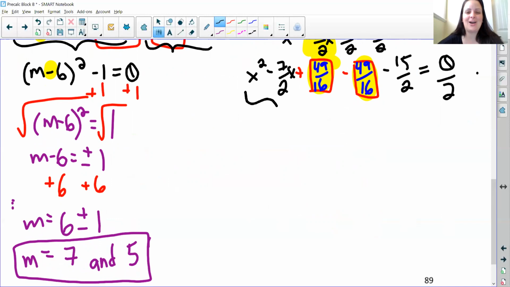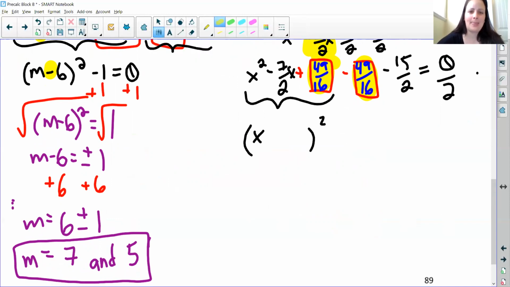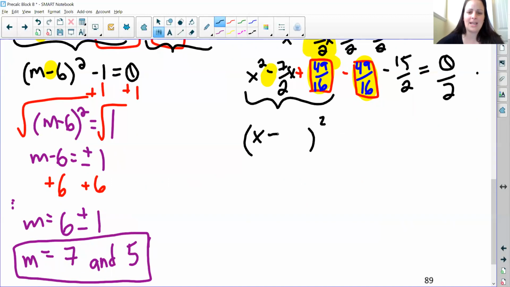Okay, so now we have to deal with the smart board that I'm working with, but also we have to recognize that that is actually a trinomial square, because x squared is a perfect square and 49 over 16 is a perfect square. So we have to put it into those brackets. It's going to be x, because that's the square root of x squared. The symbol in the bracket is dictated by that middle term, so it's going to be a minus.